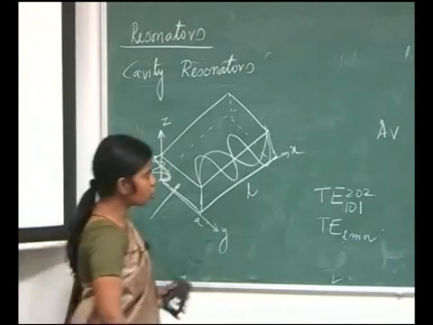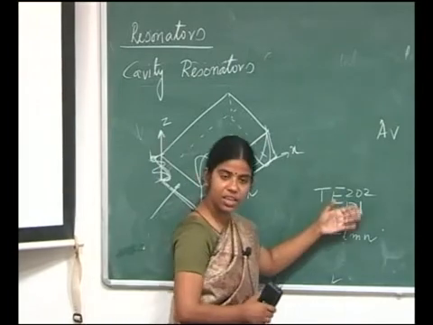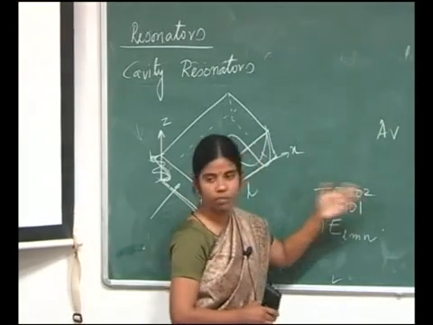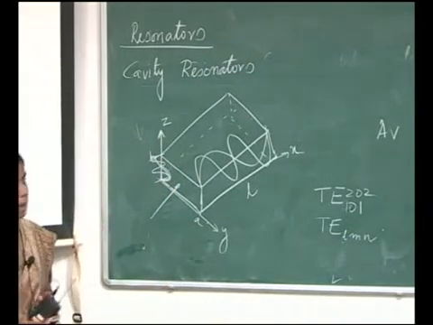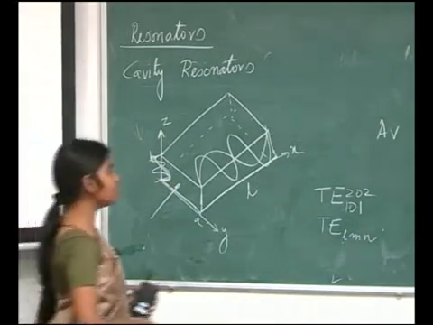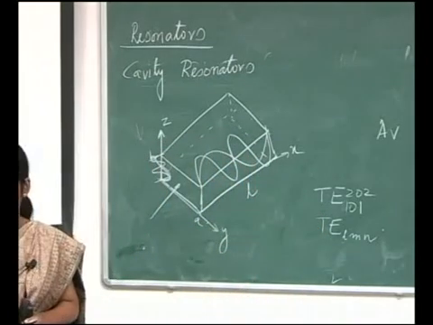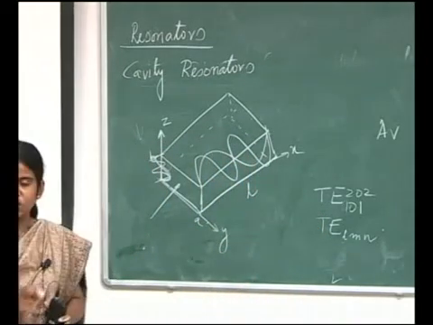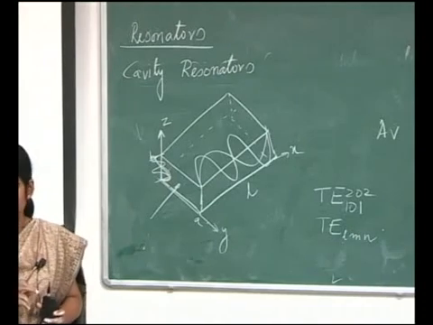Now depending upon the mode, you can choose any mode. It could have been something else also, it could have been 1-1-1. Then accordingly the modes would propagate. But you will remember, because we are considering TE mode, along the direction of propagation only the electric field component will be 0.